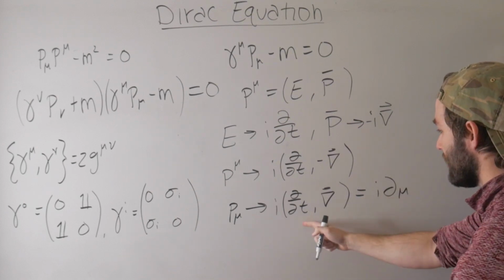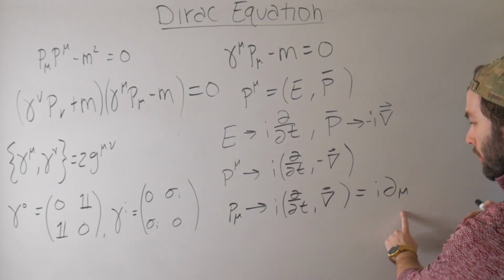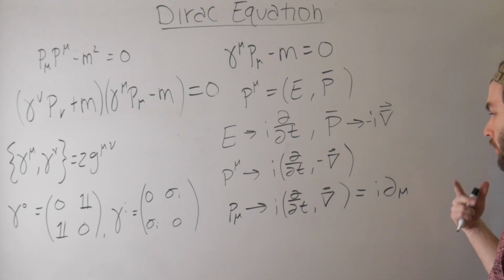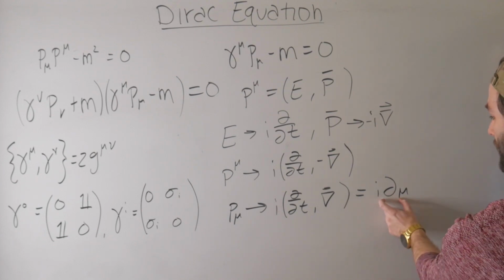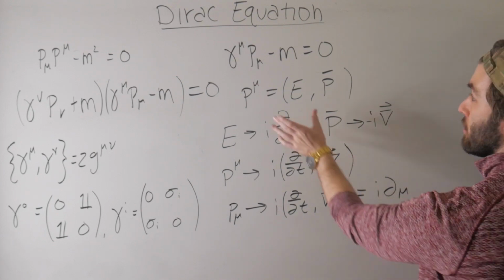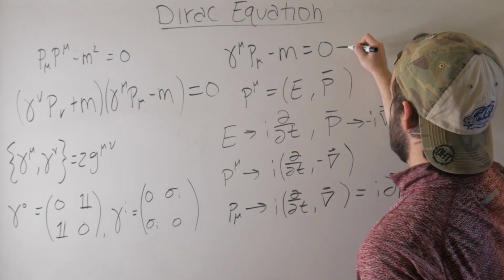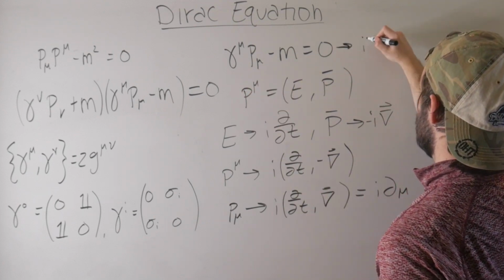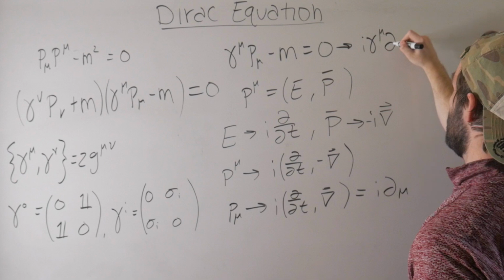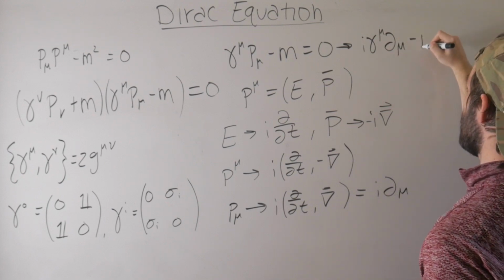So d0 is d/dt, and then the spatial parts for mu greater than 0. And now all we have to do is substitute this into our equation here, and we get i gamma mu d mu minus m.